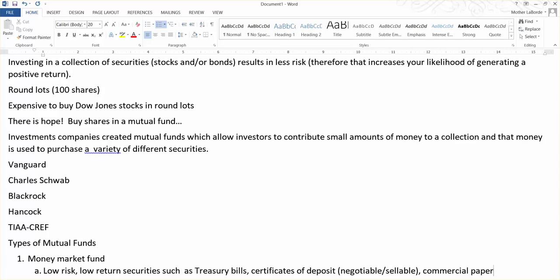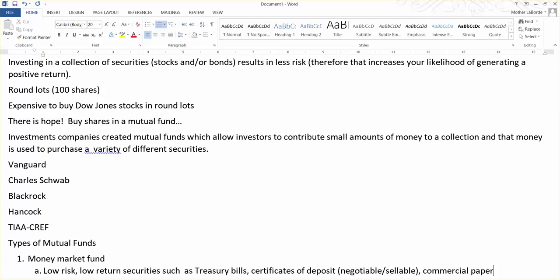They're issued that way, but they're typically only issued by the highest or strongest financial companies. So companies like Apple, which have plenty of money and are generating lots of profit and are easily able to repay a debt security, might issue commercial paper.